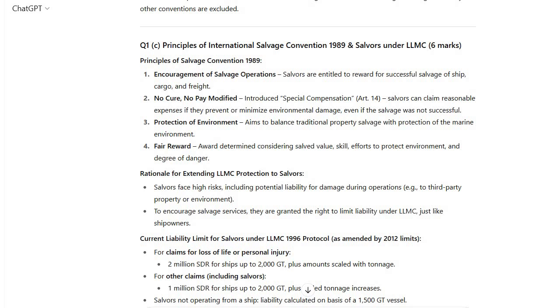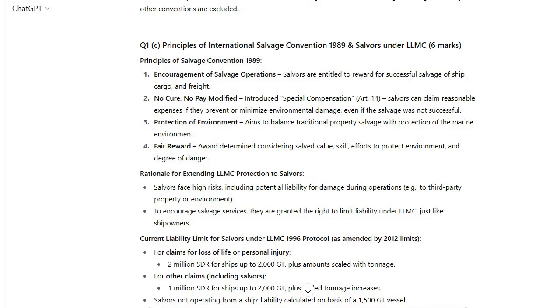Introduced special compensation, Article 14: salvors can claim reasonable expenses if they prevent or minimize environmental damage, even if the salvage was not successful. Protection of the environment aims to balance traditional property salvage with protection of the maritime environment. Fair reward: the award is determined considering the salved value, skill, efforts to protect the environment, and degree of danger.